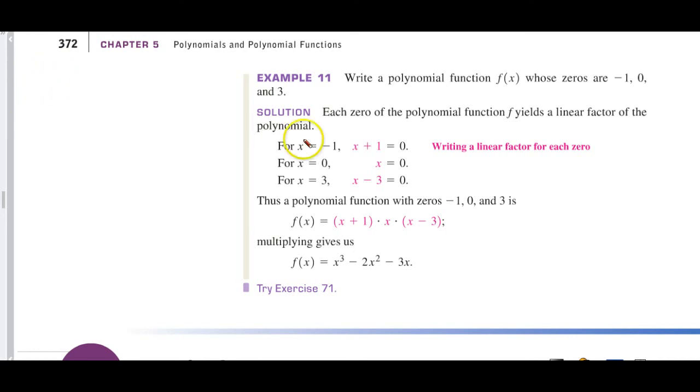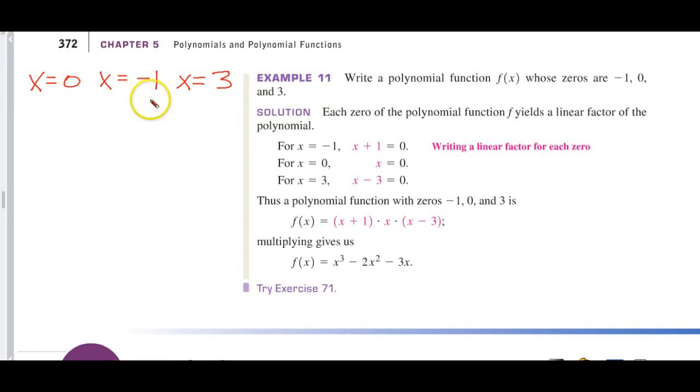Well, we know that if these are our answers, that this was x equals 0, x equals -1, and here x equals 3.